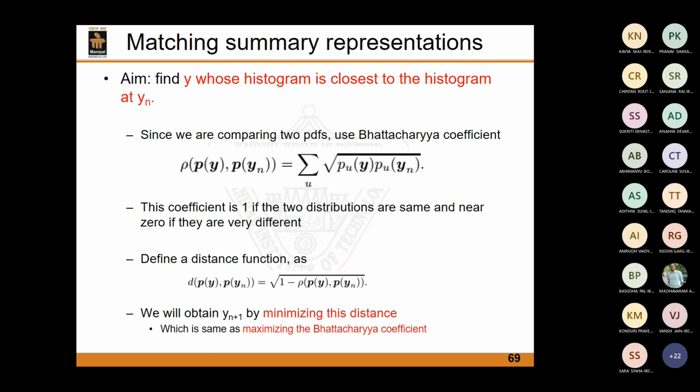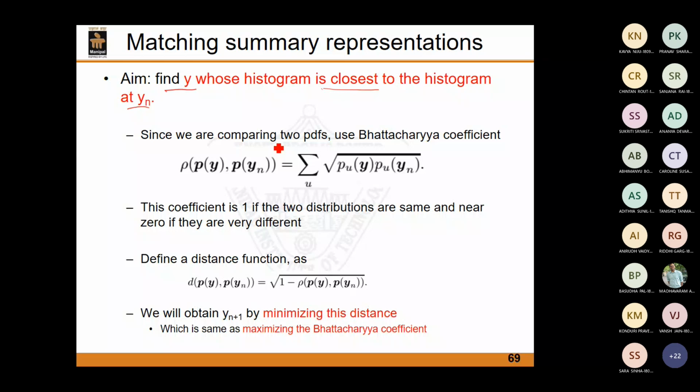As I said earlier, our aim is to find the y whose histogram is closest, in the sense of the most similar, or is matching the most, with the histogram present at yn, that is in the next frame that you have.